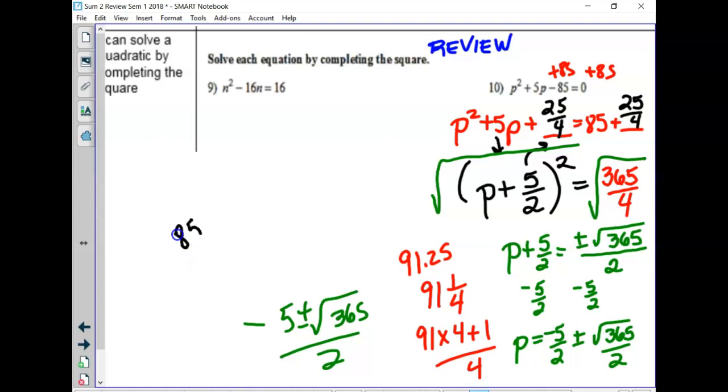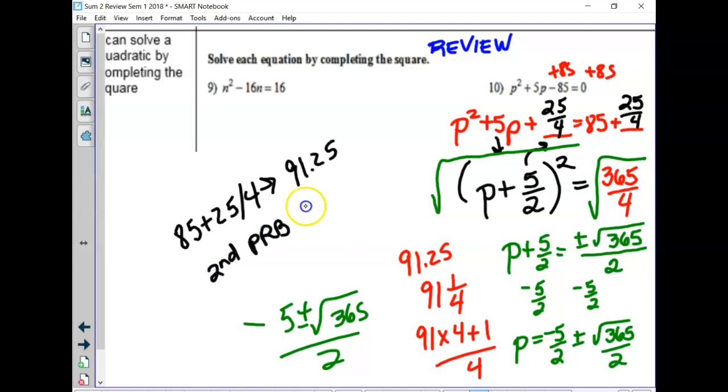Okay, so one more time, just so you have it if you want it. I typed 85 plus 25 divided by 4, and it gave me 91.25. Then there is a second PRB, which is the fraction decimal button. And then we went second, the ABC button, so that it changed it into an improper fraction.